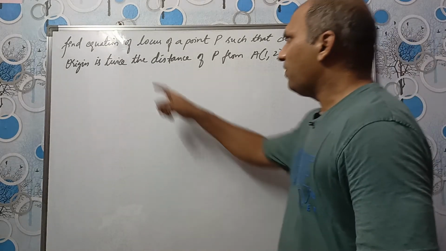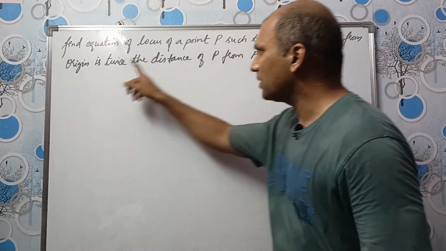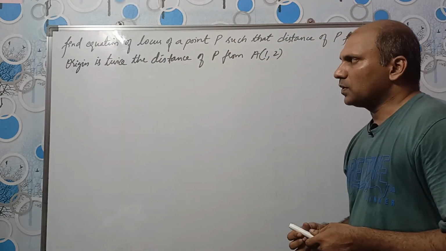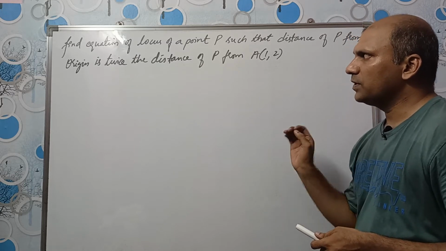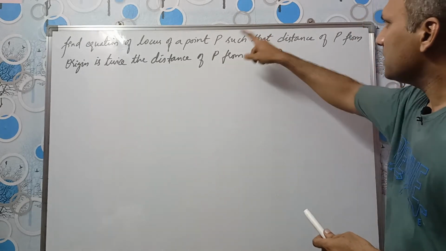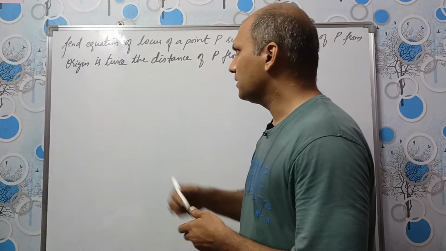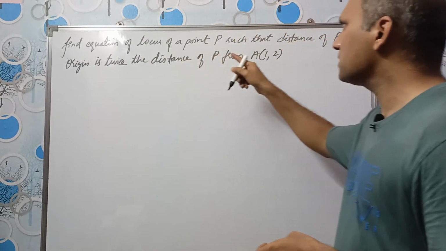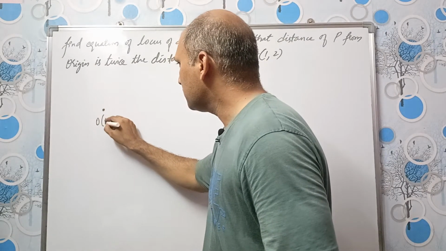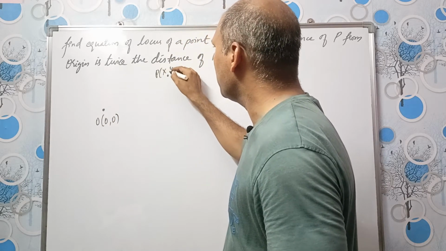Find the equation of the locus of a point P such that the distance of P from the origin is twice the distance of P from A. See what is given, read the question carefully. Find the equation of the locus of a point P. Let the point P be x comma y. The distance of P from the origin is twice the distance of P from A. Origin is 0 comma 0, and there is some point P here, so we'll take that point as x comma y.